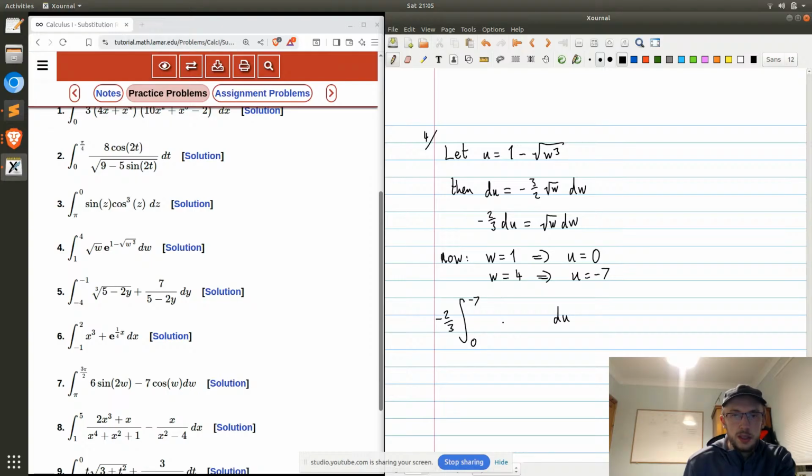And let's put e to the u there as my integrand in the middle. So minus 2/3, we do the integration, we get e to the u, put 0 there, minus 7 there, and then do the computation.